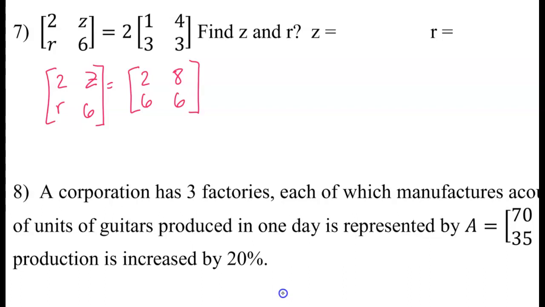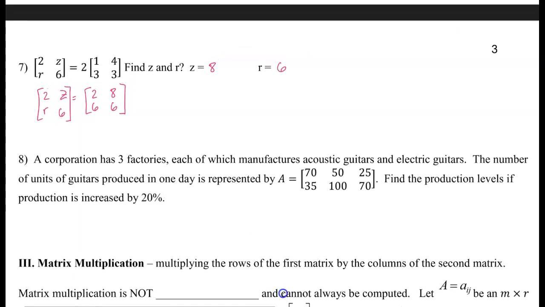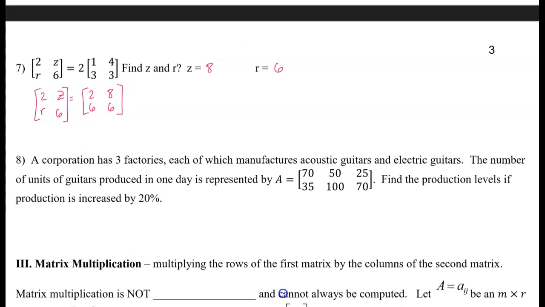Yeah, right? In the same exact position as z is 8. What about r? What do you think r is? 6. Perfect. Pretty straightforward, I hope. Any questions?